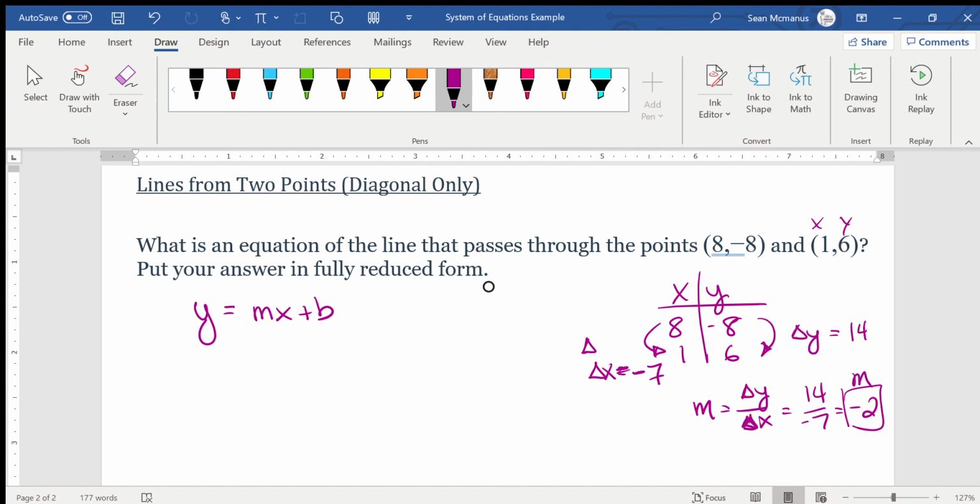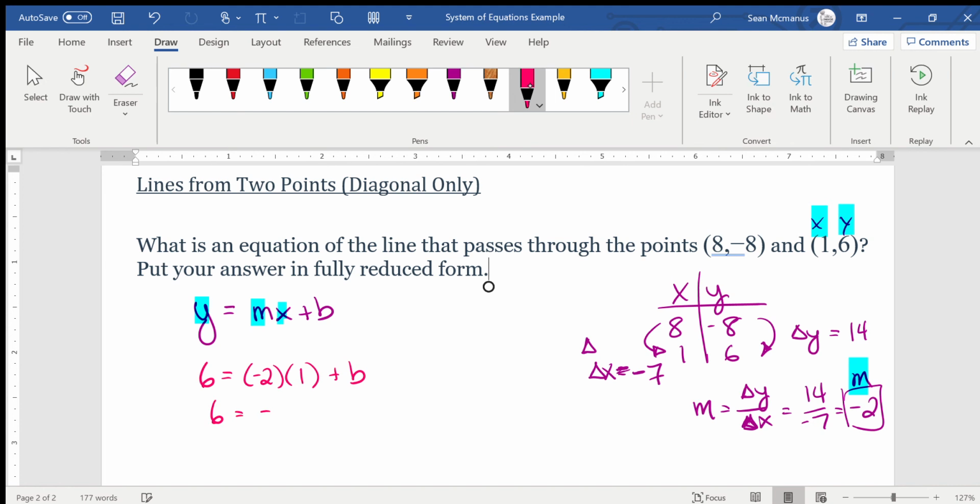So now I know the slope, an x, and a y. And if I wanted to use the point 8, -8, I could use that for the x and the y too. It's totally fine. So now I know the m, the x, and the y. I'm going to plug them in and solve for b. So let's go ahead and do that. So I know y is 6 equals m is -2, x is 1 plus b.